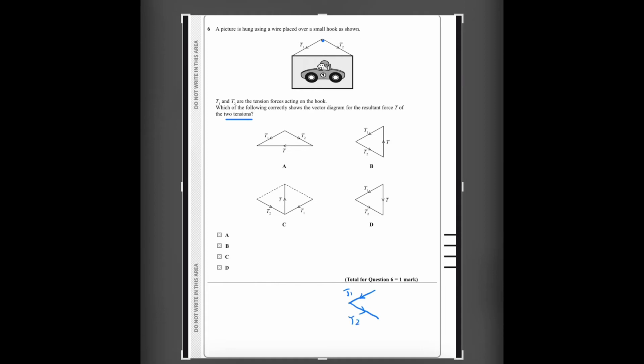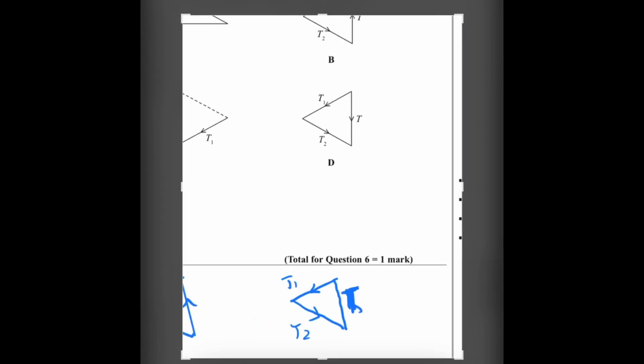And since there is a direction, we can see that the direction is at first here and then here. So the next direction would be from here to here, right? This would become a cycle. So there would be a resultant force upwards, resultant force R or tension T, which is just keeping the forces in equilibrium.